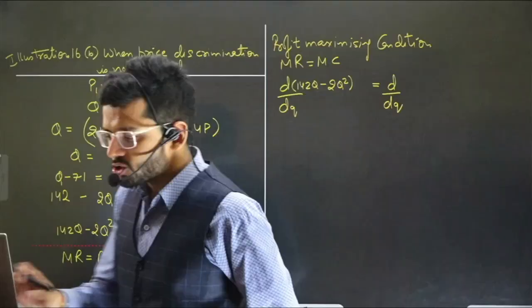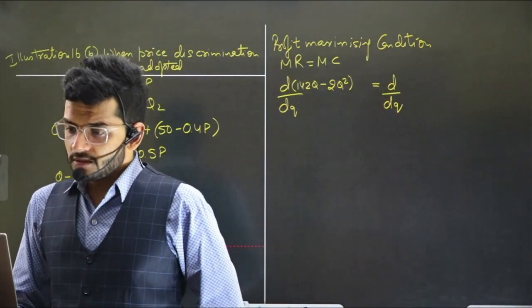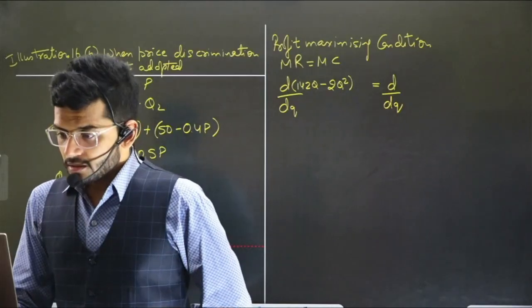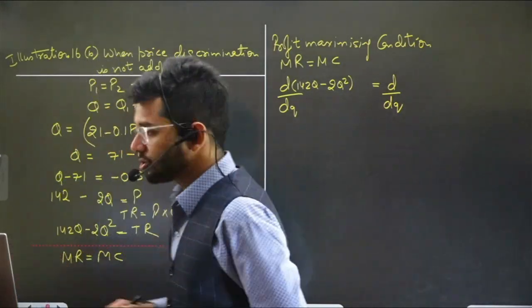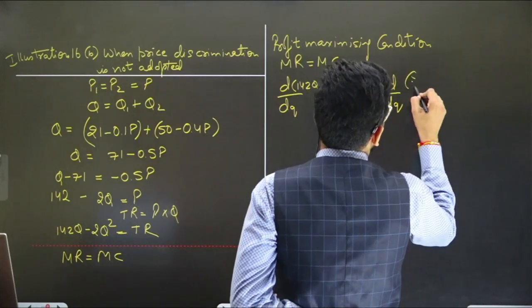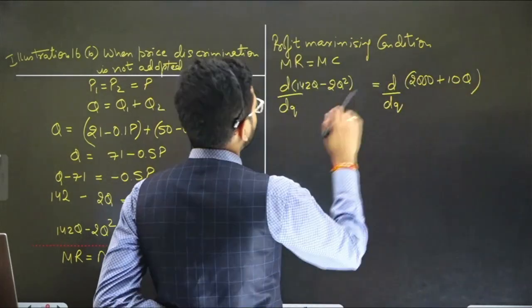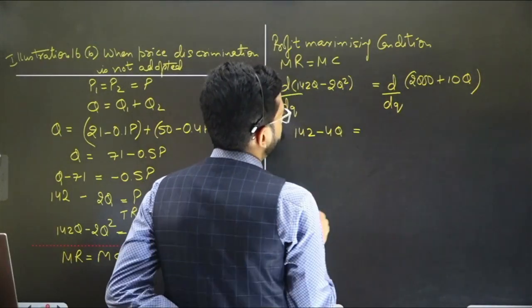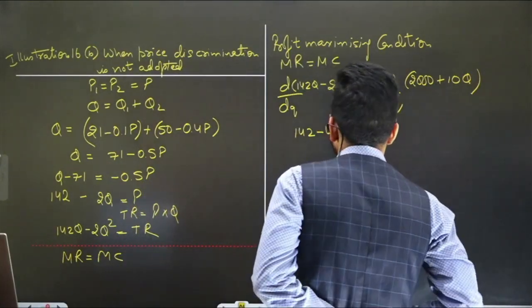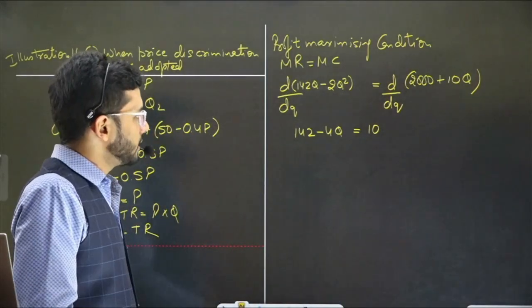The total cost function remains the same: 2000 plus 10Q. We'll equate both of them. So 142 minus 4Q is equal to 10.